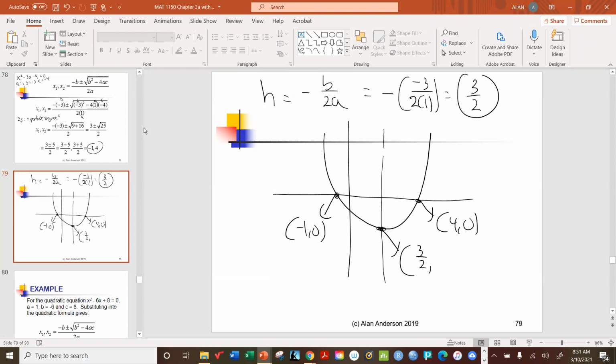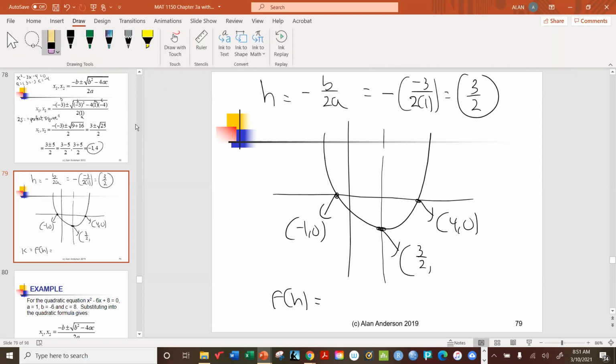And then K would be f of H, and the original function was f of x is x squared minus 3x minus 4.